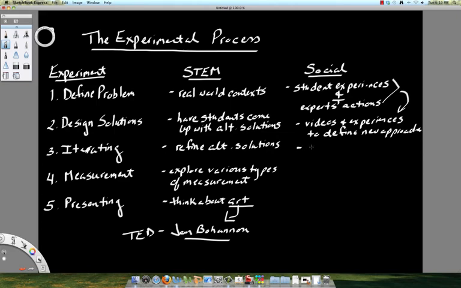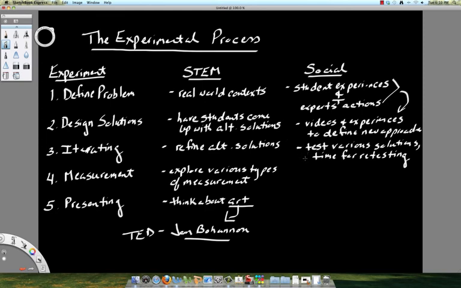For iterating, we want to have our students test various solutions and provide time for retesting. This is something that I don't think, as a social studies teacher myself, I understood quite the impact of what iterating can do for a social studies or an English class.